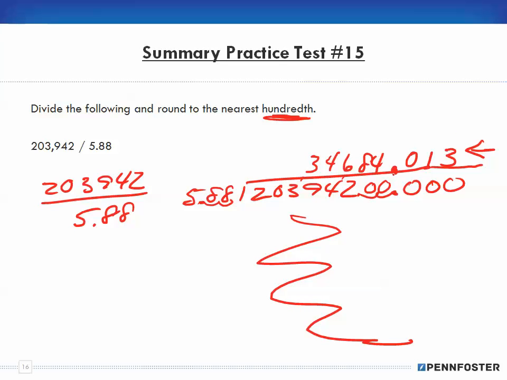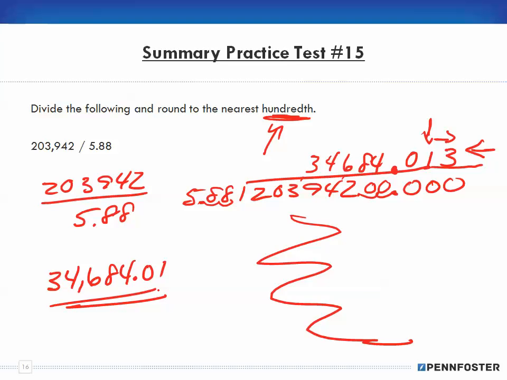I did that math by hand, and then I punched it into the calculator, so I know that's the answer that shows up on my calculator. But now the question is saying round to the nearest hundredth, so I'm looking at the hundredth position right here, and I look right 1 digit to the thousandths position, and since that's less than 5, that means I'm going to round down, and my answer is going to be 34,684.01.